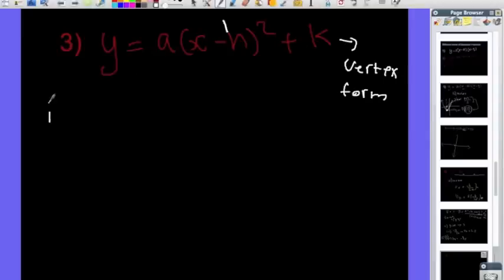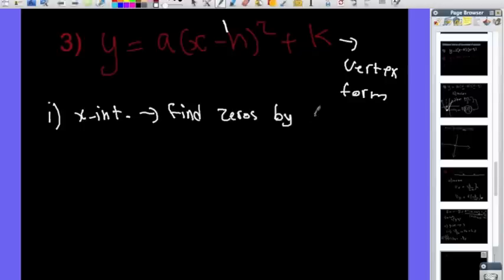So for this one, in order to find the x-intercept, you need to find the zeros of this formula by using any way. I can show you later in the examples I give.